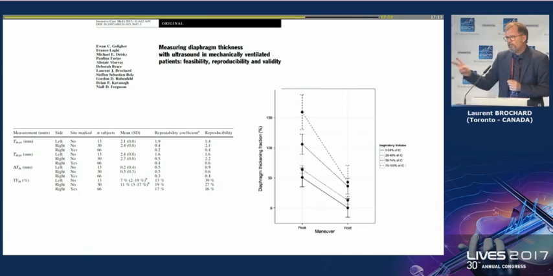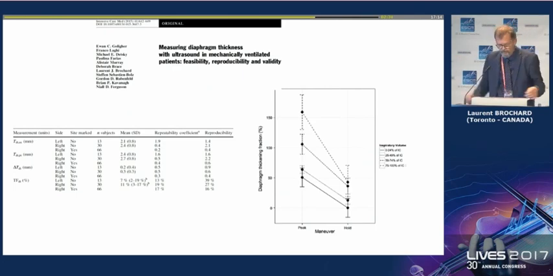And the two tips to do that is to use the right side, which, as I said, is much easier. Of course, the right side is completely different from the left side, so this is a limitation. And also to put a mark on the skin if you do several measurements. And we found, for instance, that the reproducibility was much better when there was a mark on the skin, so you can reproduce from a different observer.